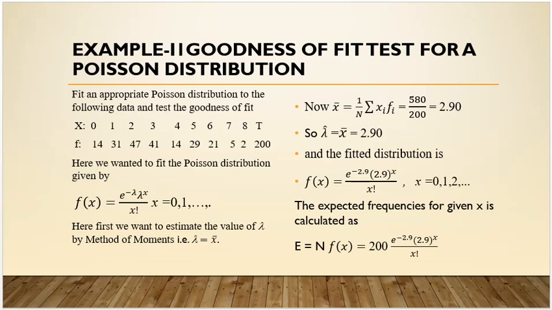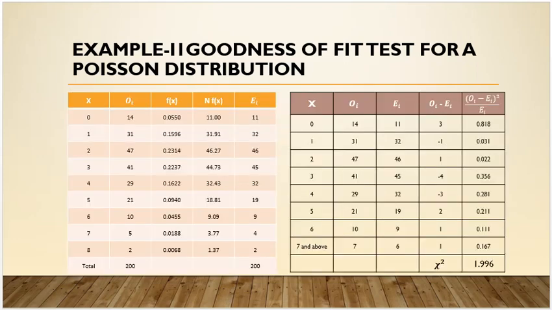So the hypothesis which we are going to test is H naught: the given data, that is this data of 200, follows Poisson distribution, and H1: does not follow Poisson distribution. The next step is to calculate the observed frequency, which is given in this table.